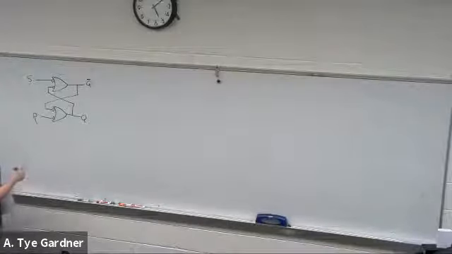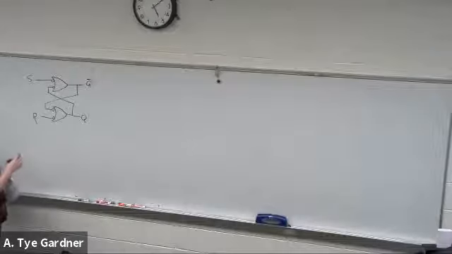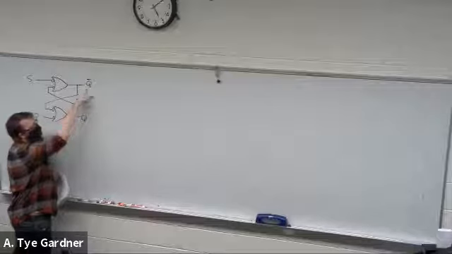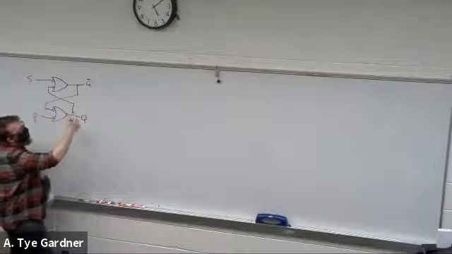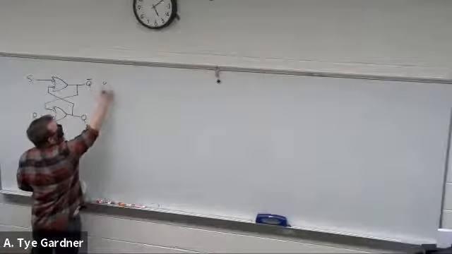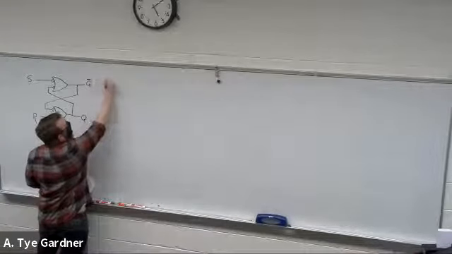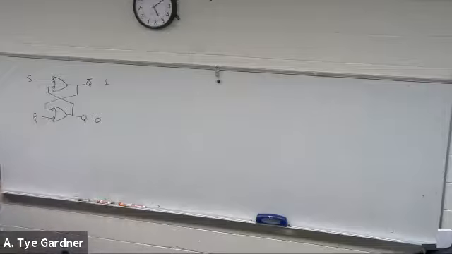Well, let's say that they're both 0. Q and Q bar have to be opposite, right? They can't be the same by definition. So if we start with our output as, let's say, Q is 0 and Q bar is 1, let's go ahead and check this. Does this make sense?